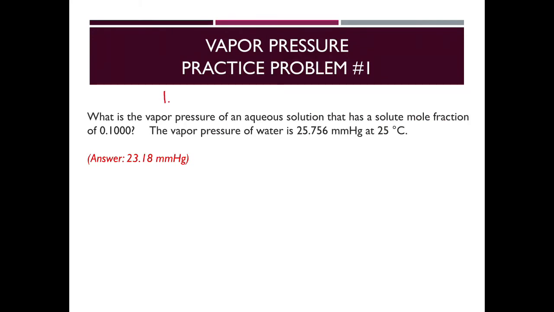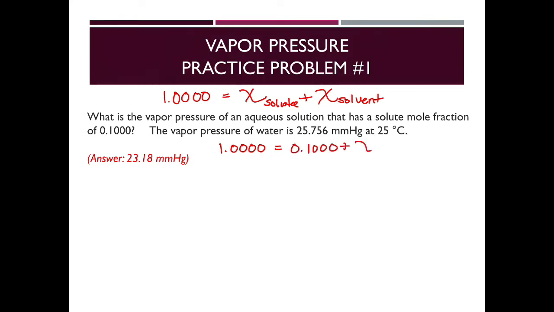So 1.000 is equal to the mole fraction of our solute plus the mole fraction of our solvent. We have the mole fraction of our solute and we need the mole fraction of our solvent, so we can plug that in: 1.000 minus our solute. Rearranging, we find that our mole fraction of our solvent is equal to 0.900.